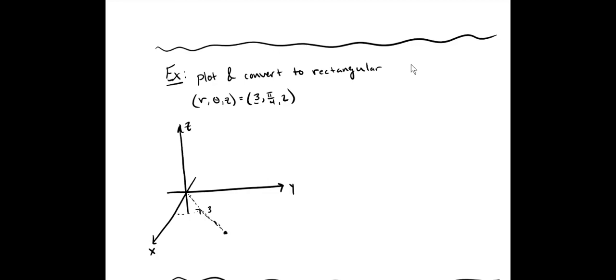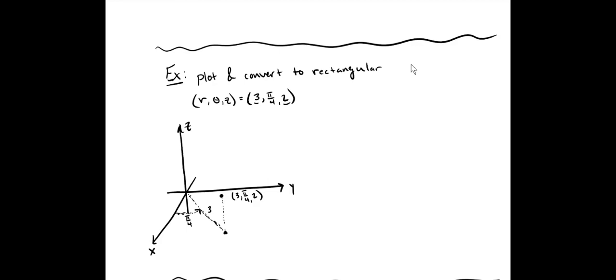And then once we get 3 units out at this pi fourths angle in the xy plane, we go up 2 units, because that's our z value. So here we have it sketched out. This is our point. This is a nice way to draw it so you can very clearly see visually where you're at in the plane. Draw this angle, the ray outward in the xy plane, then that little vertical segment upward there.